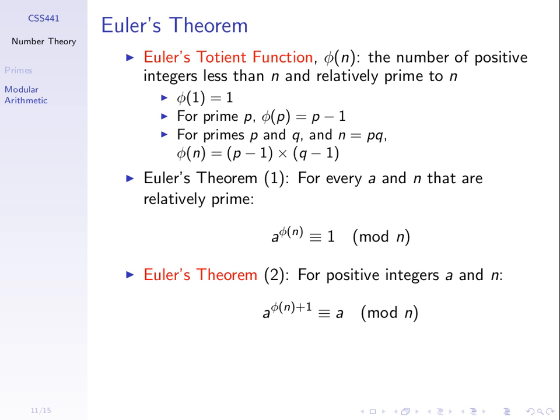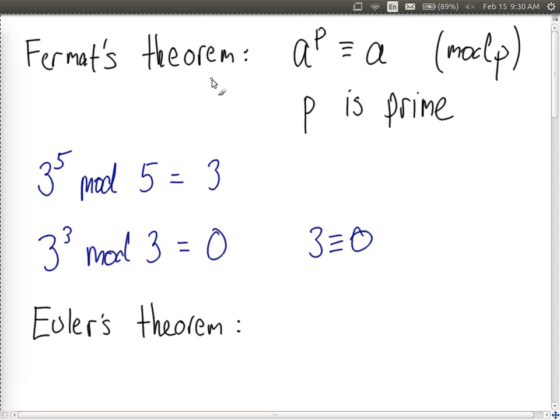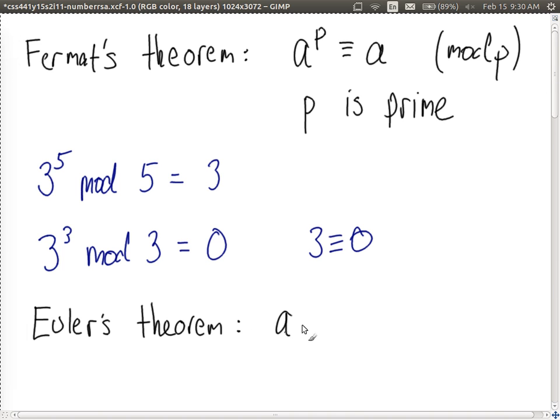So let's write it down and see it in some examples. We don't necessarily need primes there. A to the power of the totient of n plus 1, when we mod by n, gives us a.